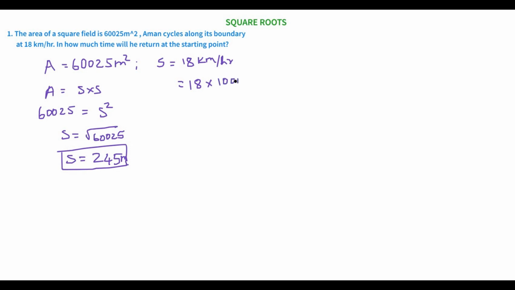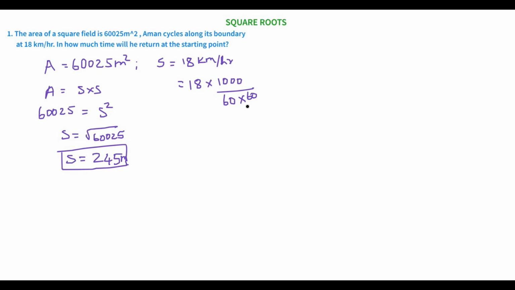So I'll write 1000 here, divided by, since this is an hour, we have to convert it into seconds, not to minutes. If it was minutes, we would write 60. And since it is an hour, I'm multiplying it with another 60. For 1 hour, I'm converting it into seconds. So 60 times 60. Or else you can directly write 3600. So instead of that, for you to understand, I have written 60 times 60.